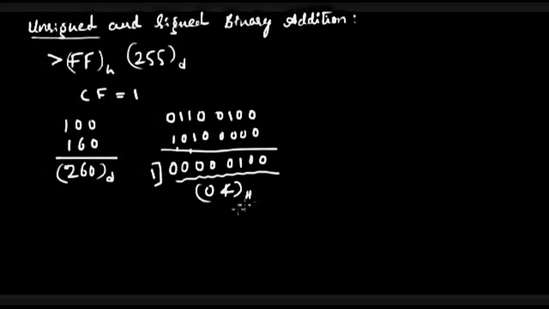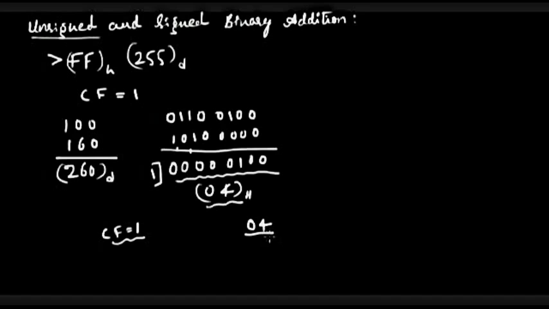If we calculate the magnitude of this, it is 04 in hex. To get the right answer, we'll check carry flag. In this case, the carry flag is set to 1. To get the right answer, we will add carry flag to higher byte, and we'll consider this as the lower byte. So we will store 04 in one register.